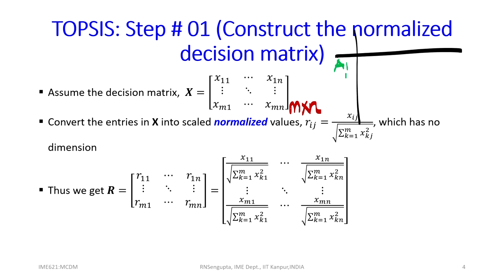If there are m number of alternatives, then along the rows there would be m entries, A1 till AM. And on the columns I will use the blue. So, it is C1 to Cn, n as in Nagpur. So, these are the criteria.